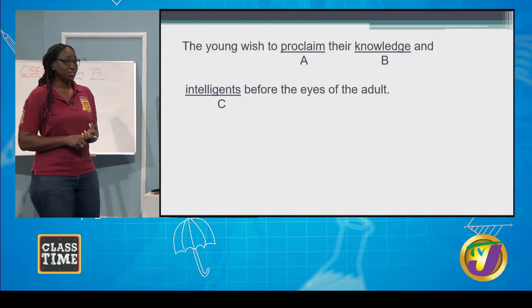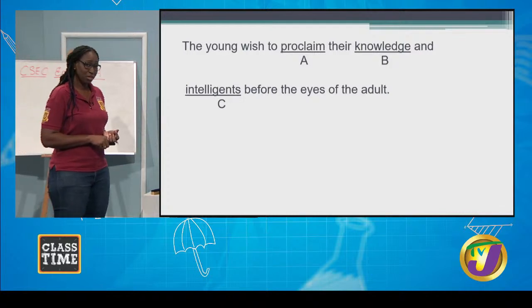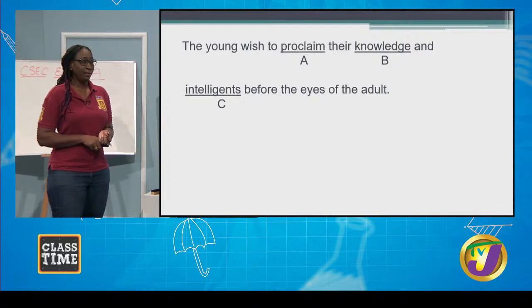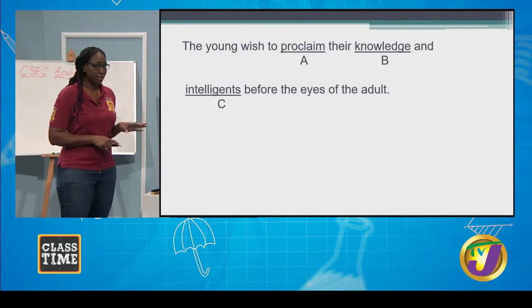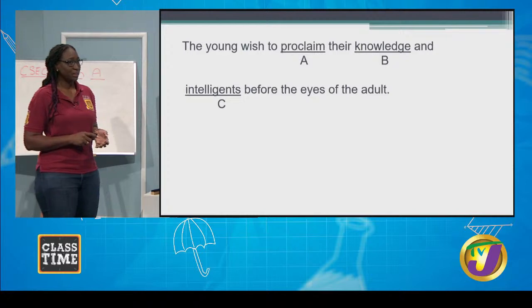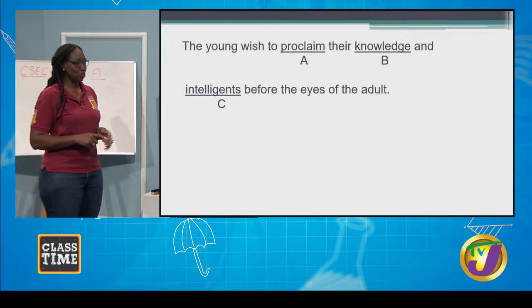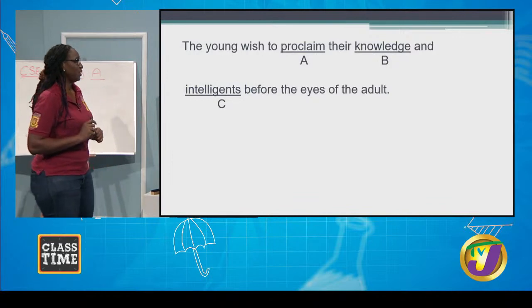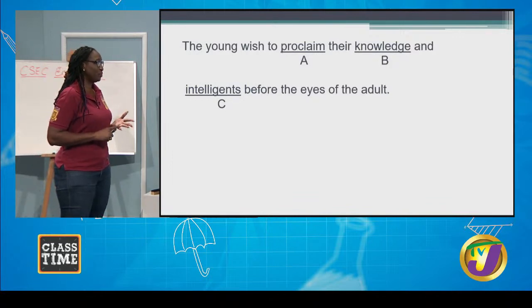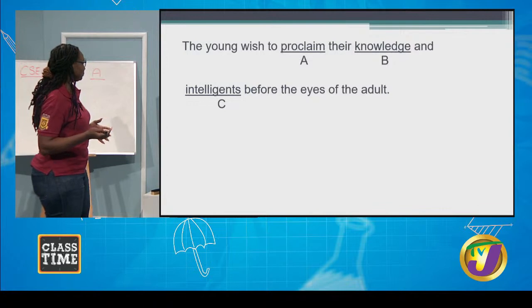If you look in your dictionary, be it electronic or hard copy, are you going to see these words just the way they are on your screen? All right, double check. It's good to guess at first, but always verify. Guess and verify after. So, proclaim, knowledge, intelligence. Ready to look? Check your answers.